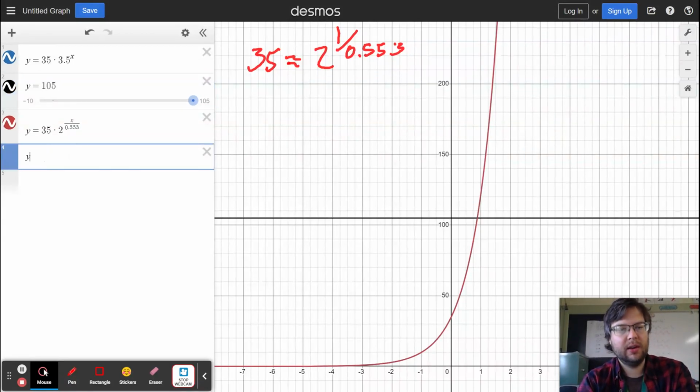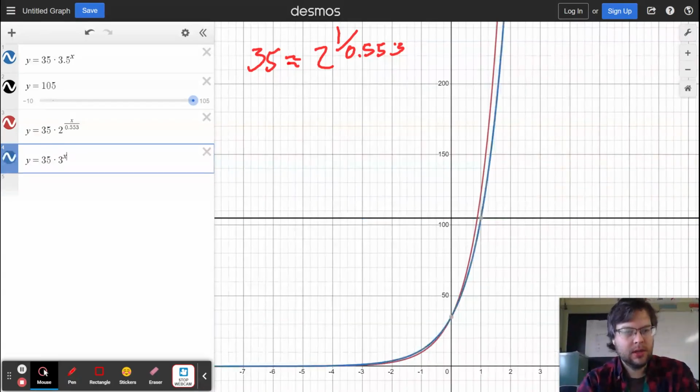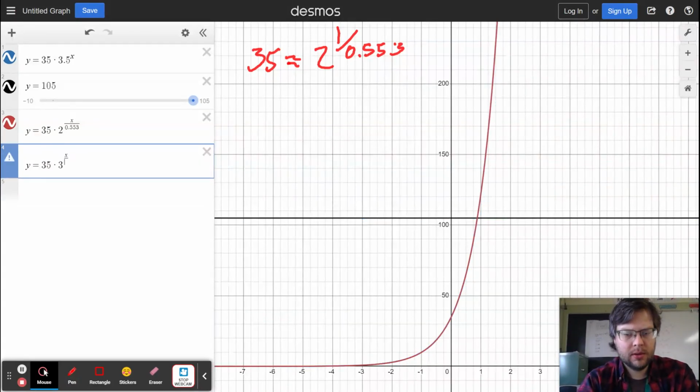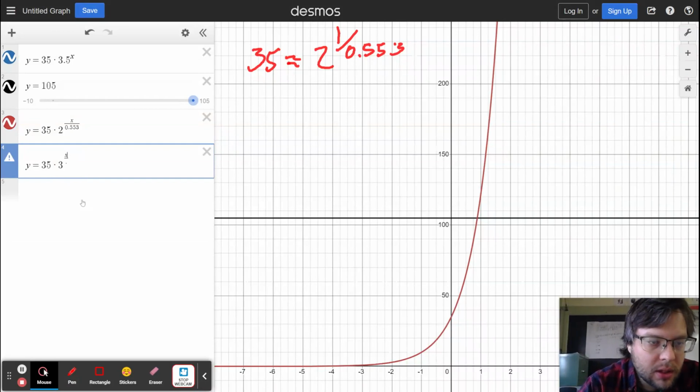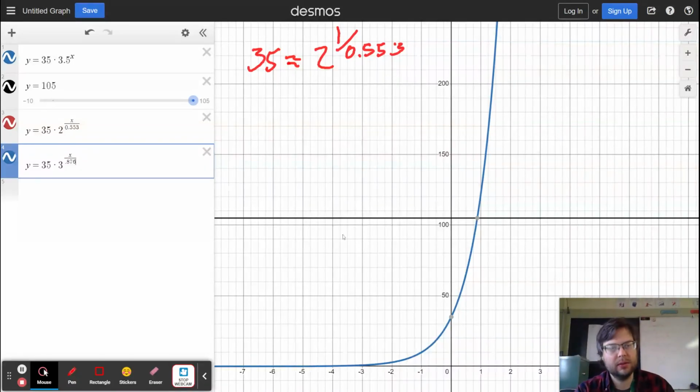So now I know I can write y equals 35 triples x over 0.876, get that into the exponent, 0.876. And you can see that that goes right on top of the other graph. So there you go. Just using that power to the power rule to come up with equivalent exponential equations.